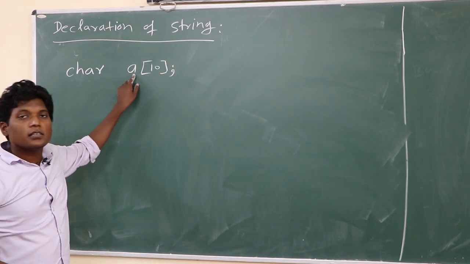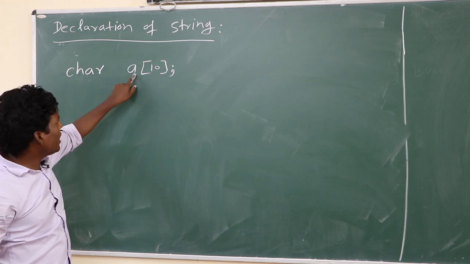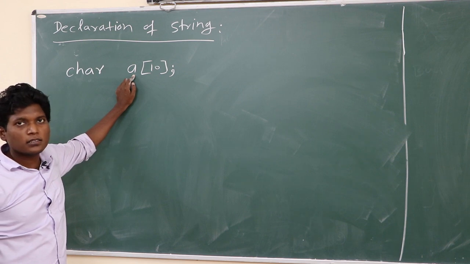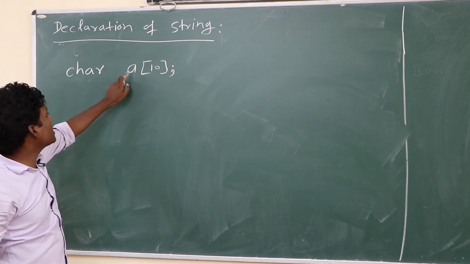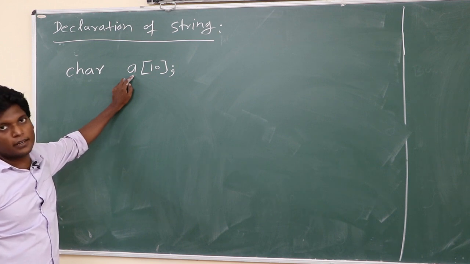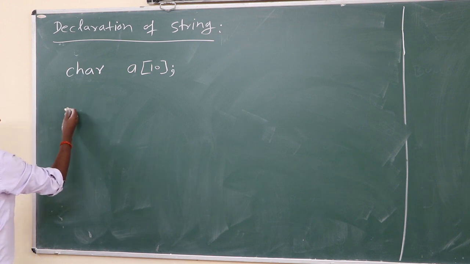Class, here a is an array of characters. In this array a can store up to 10 characters. So string is an array of characters terminated by null character. Okay, so this is the declaration of string.